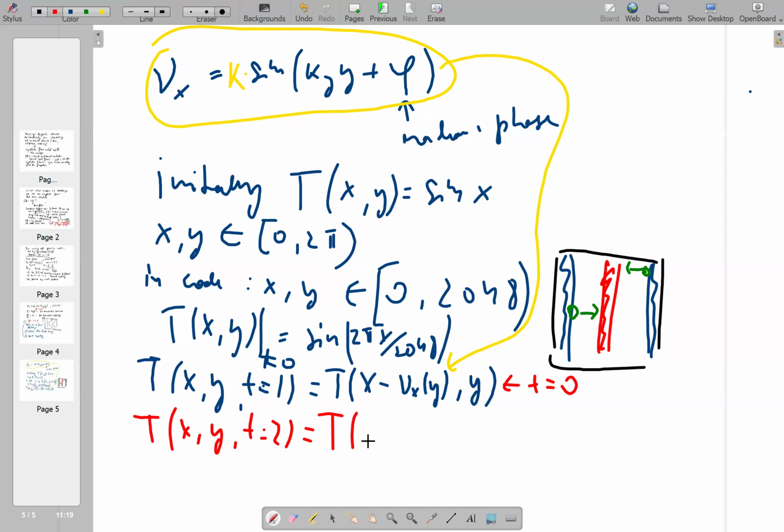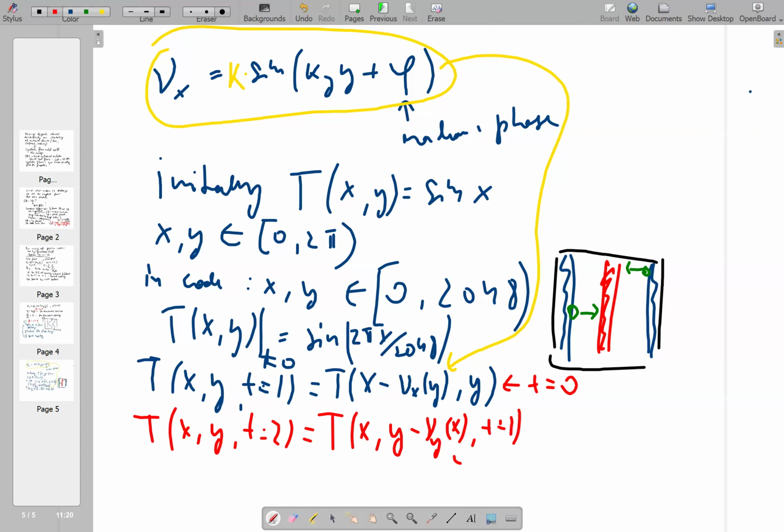So we keep x the same, but we take now y minus, and now it's new y as a function of x. And this equals, at the moment t equals 1, from the previous time step we take.